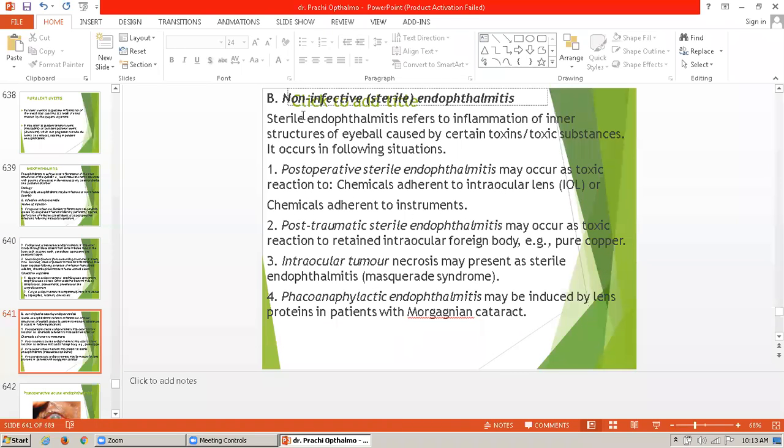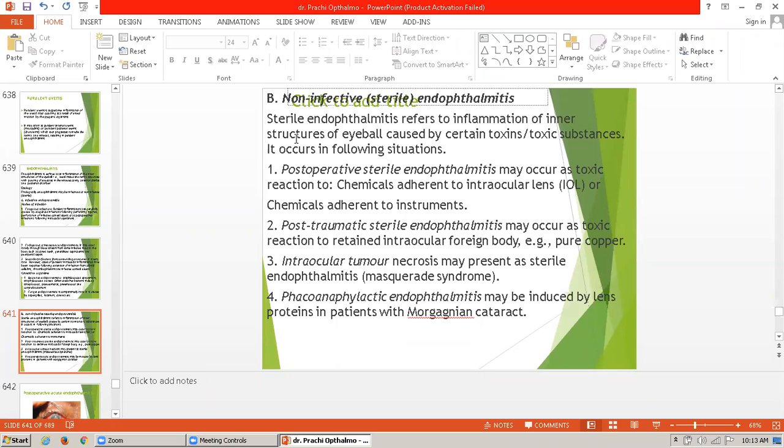Now in B, sterile endophthalmitis refers to inflammation of the inner structure of the eyeball caused by certain toxins or toxic substances, and it occurs in the following situations.